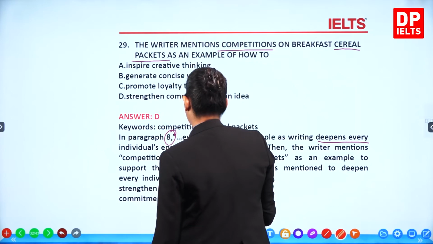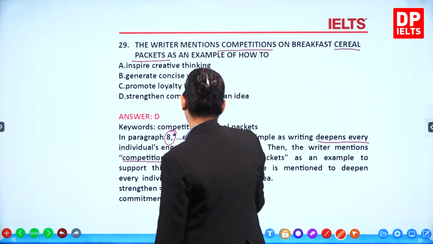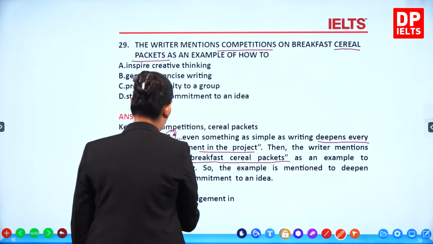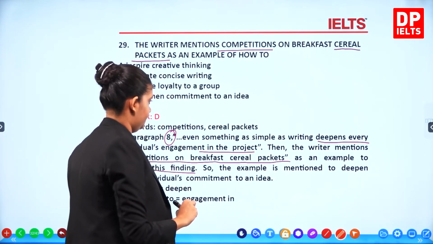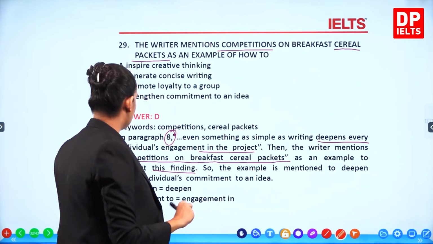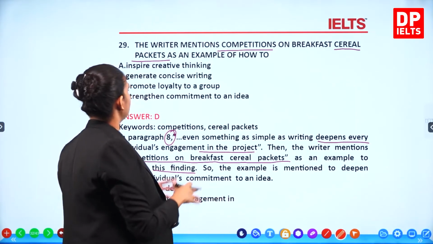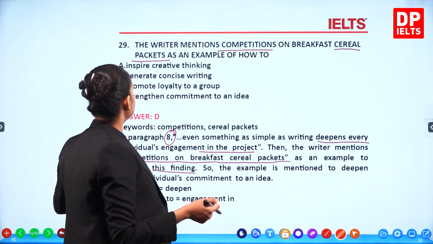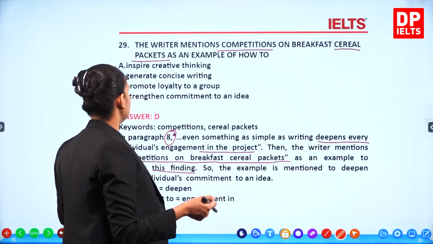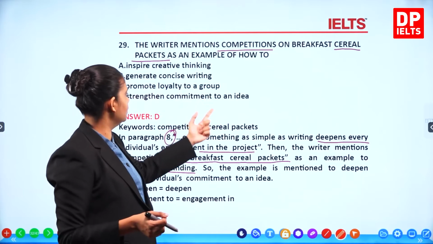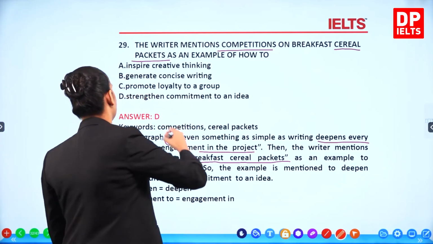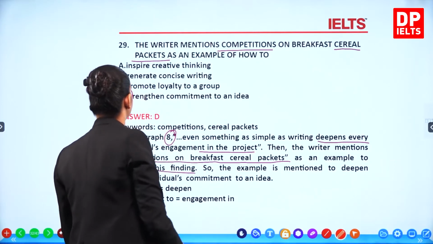Then the writer explains competitions on breakfast cereal packets as an example to support this finding. Right? So it's for you to deepen all your ideas. Inspire creative, no. Promote loyalty, generate consensus, no. But strengthen commitment to an idea, yes. To think deeper, definitely. Answer is D.